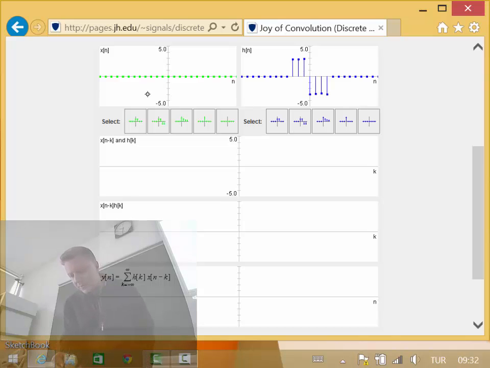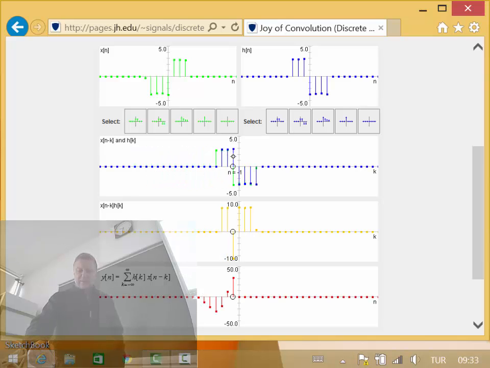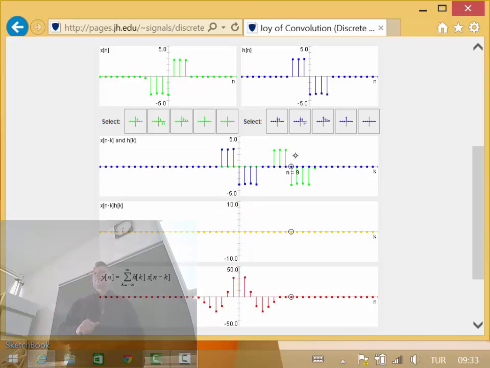Let's draw the flipped around version of this. The green is hopefully the flipped around version of the blue. Now, when you convolve with it, they identically match in the center this time, and then they go away.